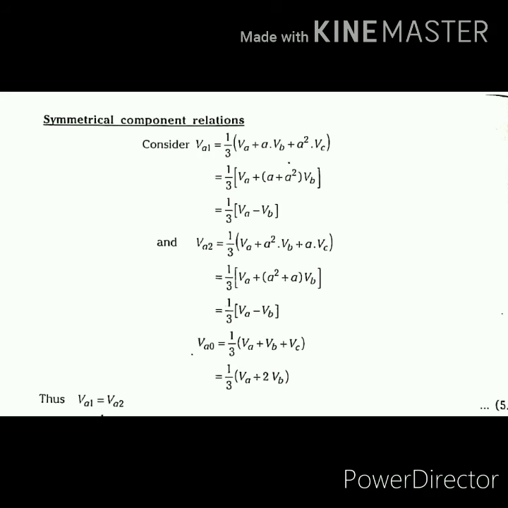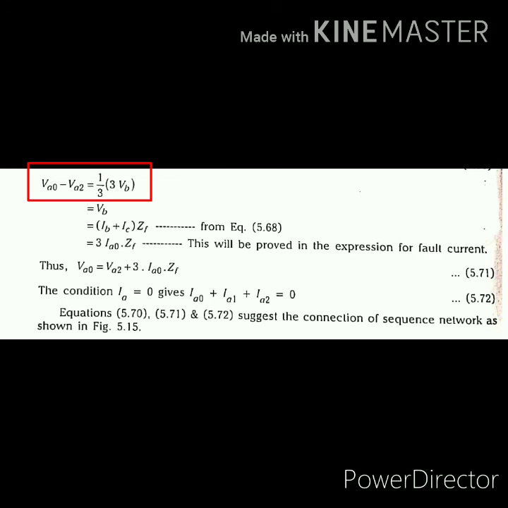Coming to symmetrical component relations, VA1, VA2 and VA0, just substitute all the terminal conditions and get the value. From this we can infer that VA1 is equal to VA2, and VA0 minus VA2 becomes 1 by 3 times 3 VB, which is nothing but VB, and VB from equation 5.68 is (IB plus IC) into ZF.